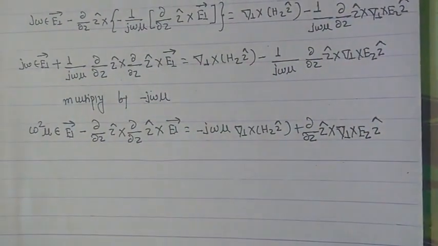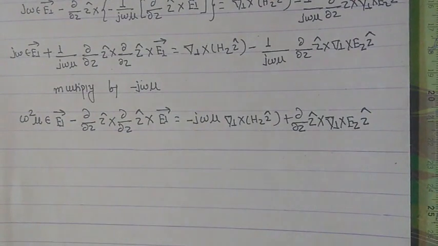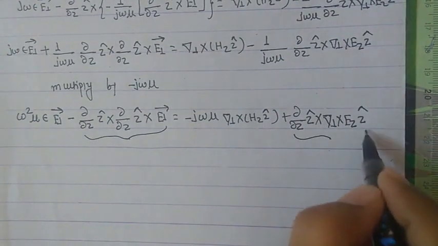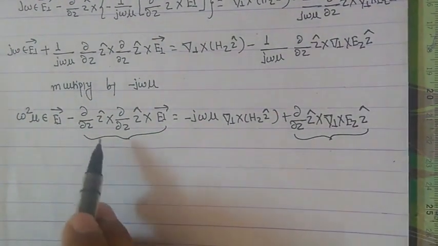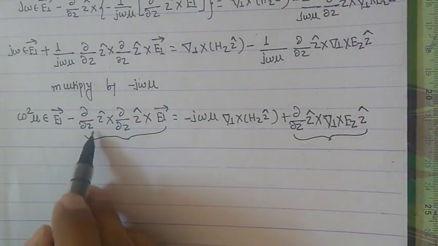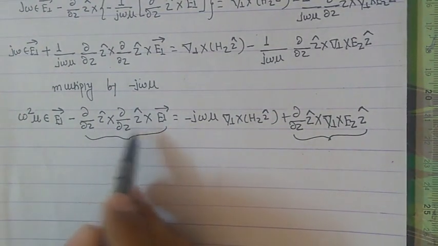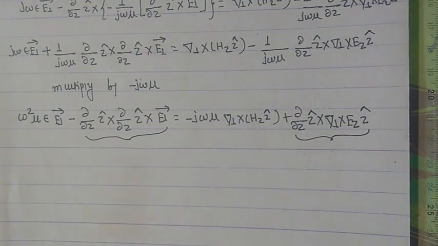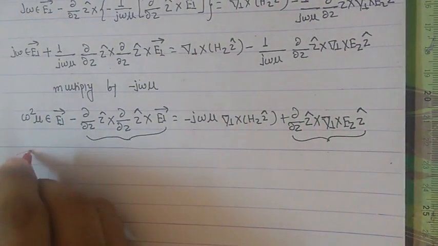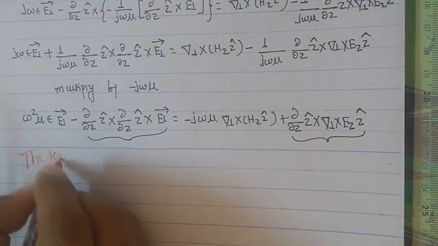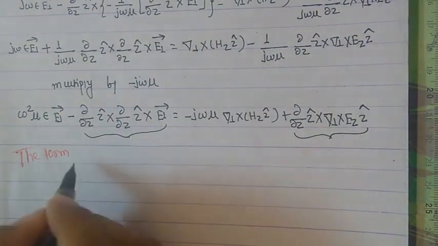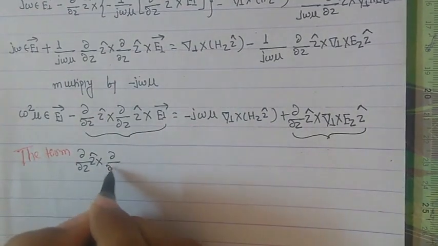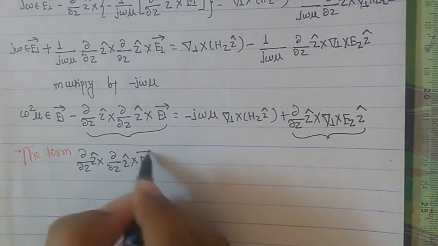Now we have reached the important point of this derivation, and look at these terms from left hand and right hand side. Actually we have a vector triple product. If you consider this is A, B and C, this is vector triple product. To the right hand side also we have three vectors multiplied together. So the term del by del z z cross z cross E transverse.